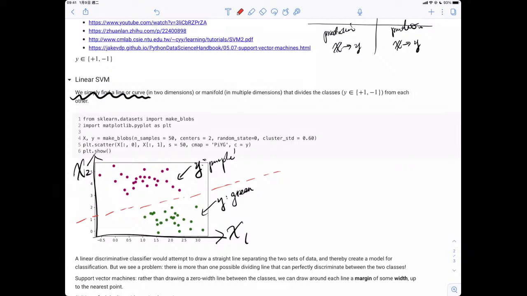This line specifies a surface or a line or a space, a subspace. 那要看了，如果是平面的话就是线哈，如果是空间的话是一个面，如果是多维空间的话就是一个子空间啊。This line, this surface or this subspace can divide the data with different labels, to separate these two different sets of data.